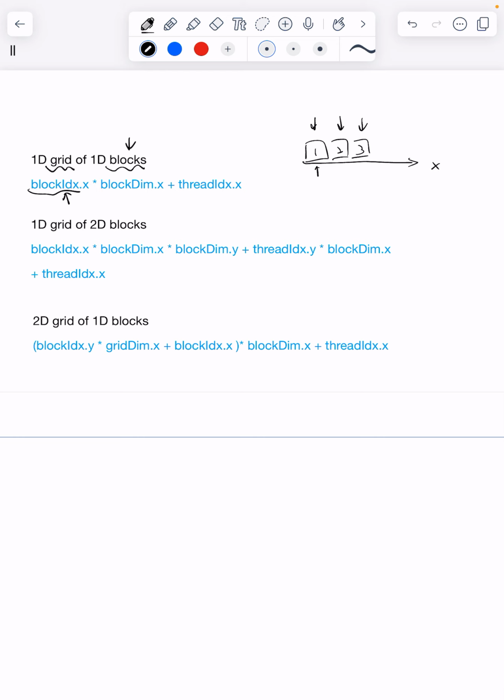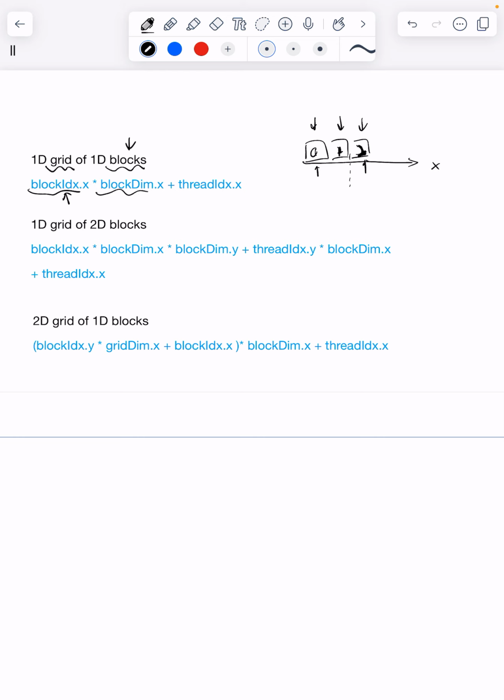the index of one thread, the way we calculate it is through the block index, like we know how many blocks are in front of the block we are currently at, because in CUDA and programming everything starts with 0. So the block index is referring to how many blocks are in front of the current block.